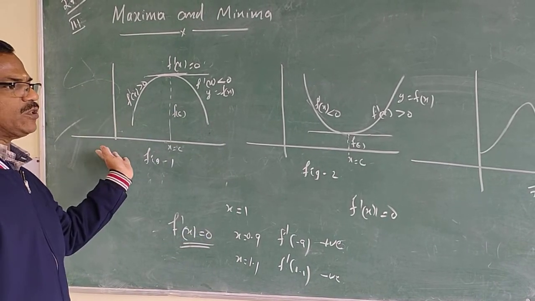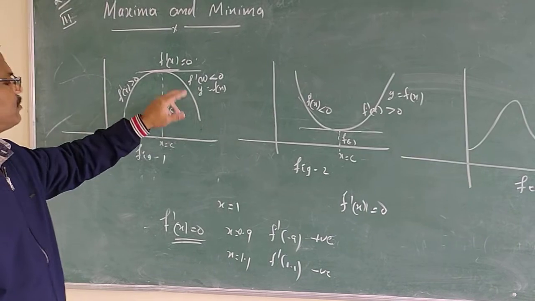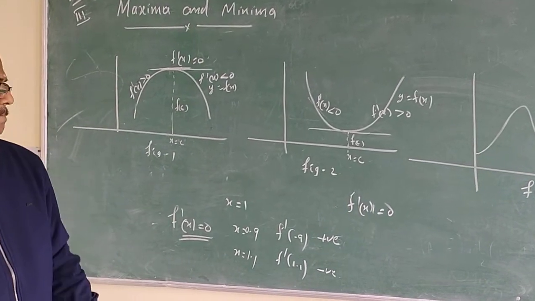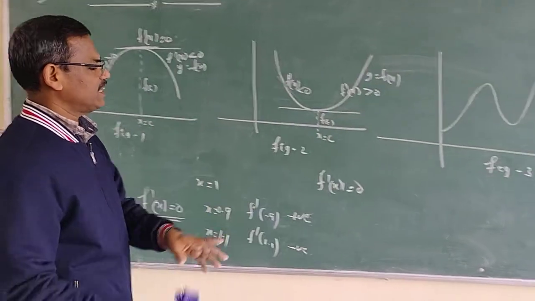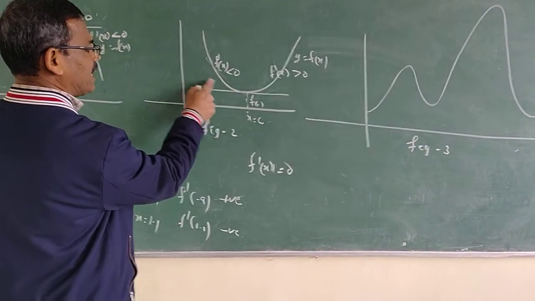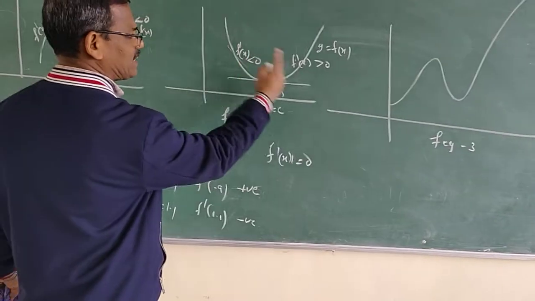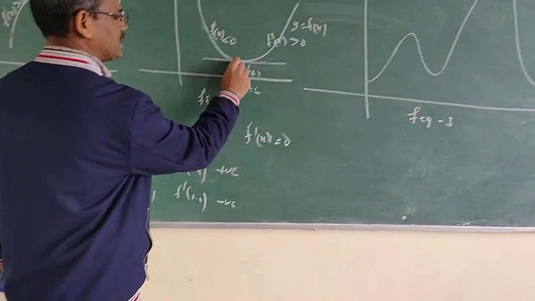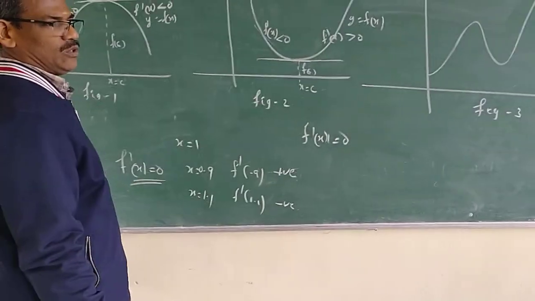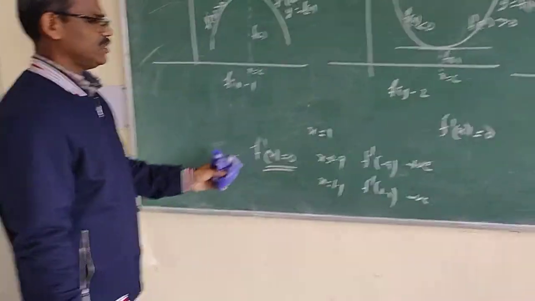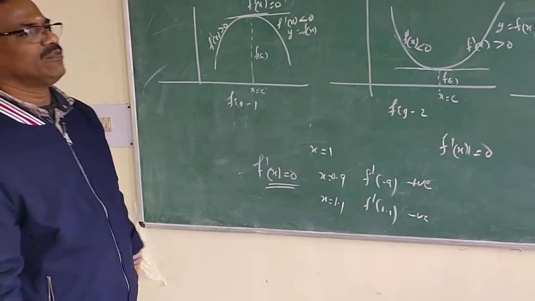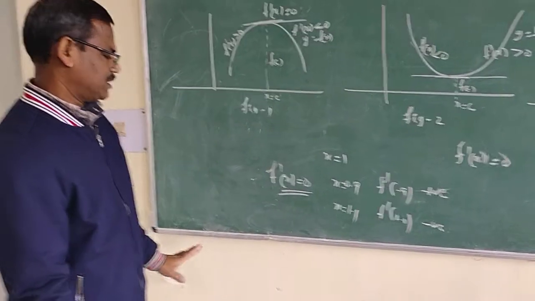If left side is positive and right side negative, then the turning point is a maximum. Now the same way, if left side it is negative and right side it is positive, the turning point is a minimum. So this is how we use the derivative for finding the maxima or minima.